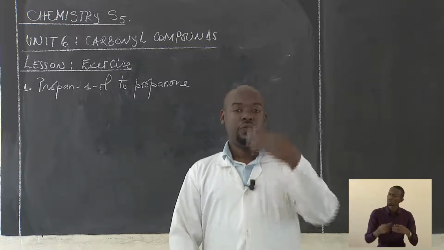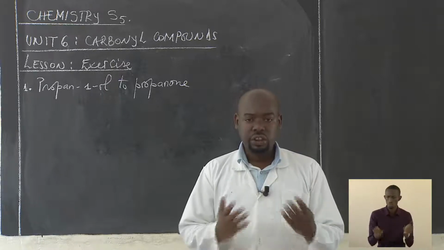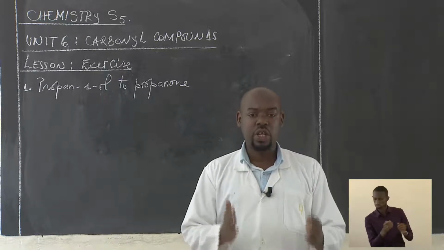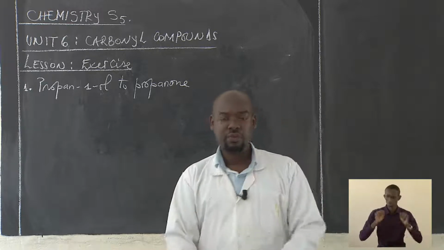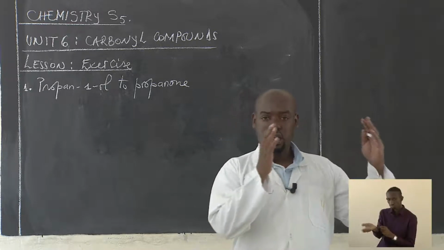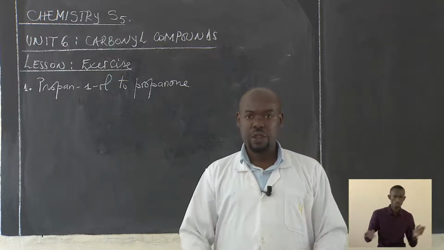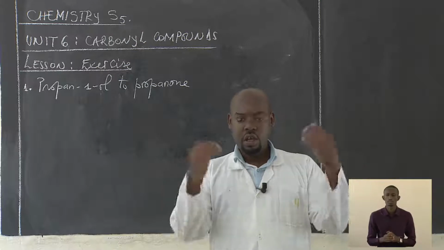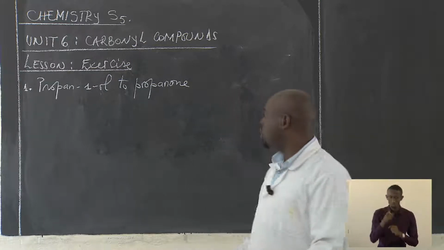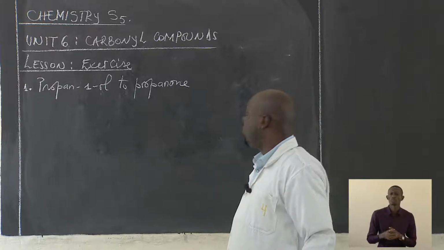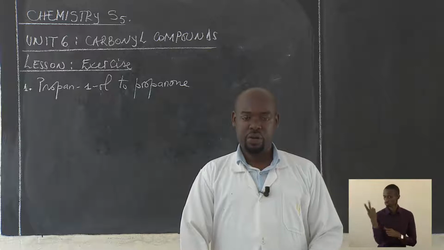And then from the structures, you will check on what is to be done, what you can do so that you can transform one structure into the other. Here we use the chemical properties we have covered. We use the preparation methods we have covered in the previous units. So think about the structures of the two compounds, propane 1-ol and propanone.